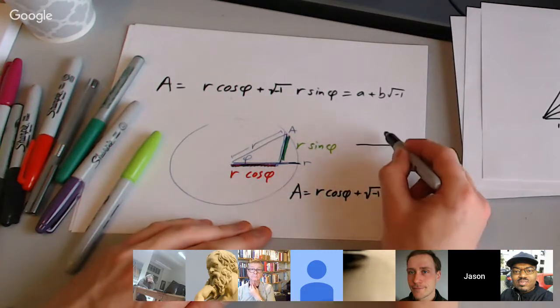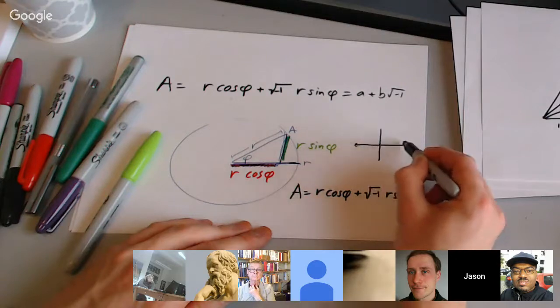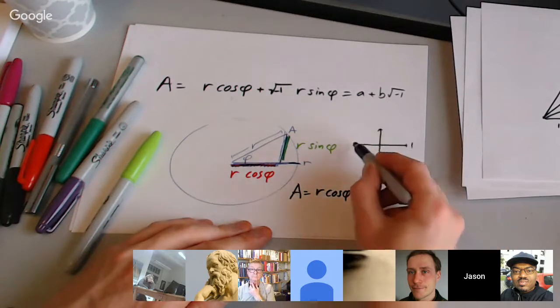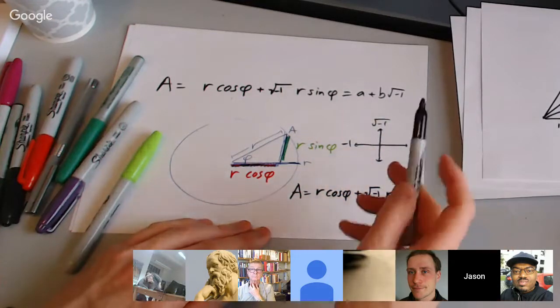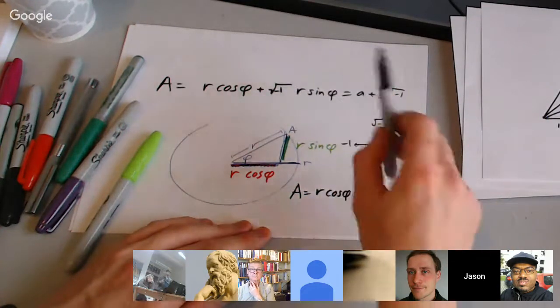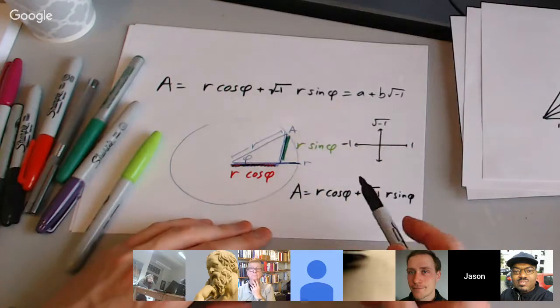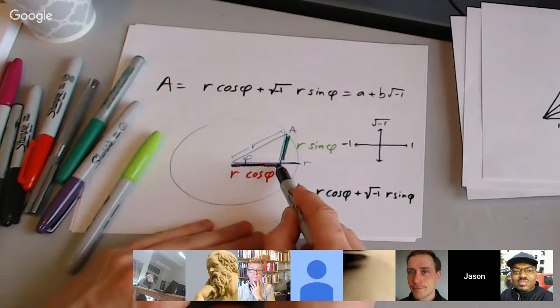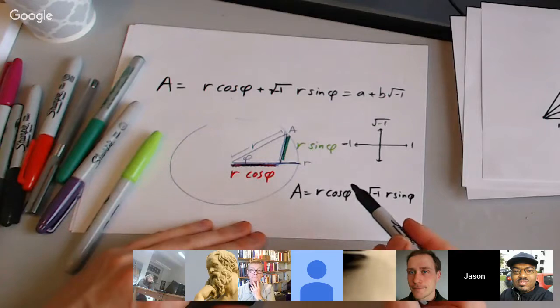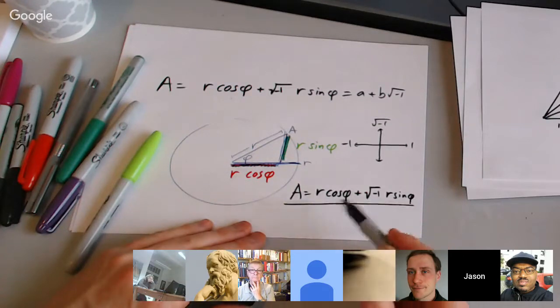And that's because, remember we had 1 and -1, and the square root of -1, which was half the way to becoming -1, was pointing in this perpendicular direction. So if we went r cosine phi and added square root of -1 r sine phi, that would get us to A. Is that okay?